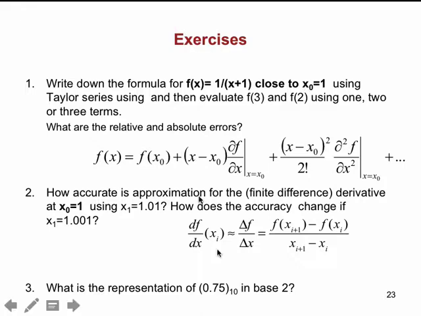So first write down the Taylor formula evaluated specifically for x0 and this particular choice of f and x0. Then once you have this formula, you can evaluate both f of 3 and f of 2 using 1, 2, or 3 terms.